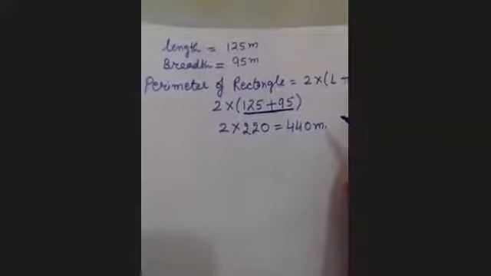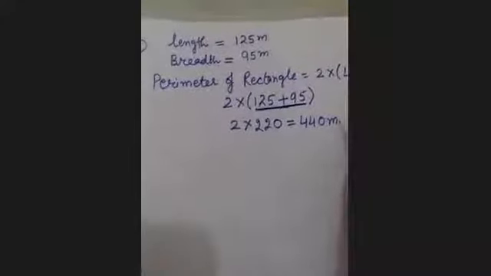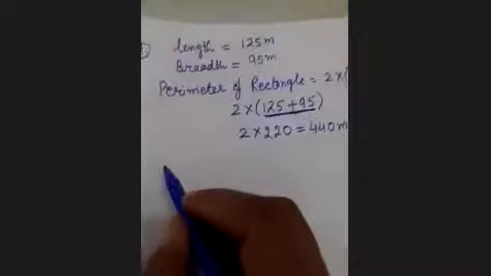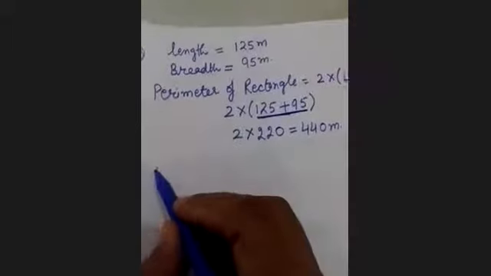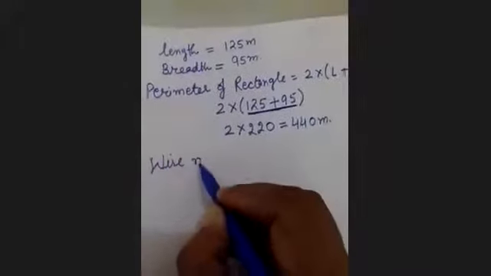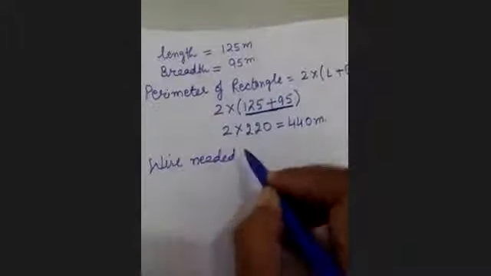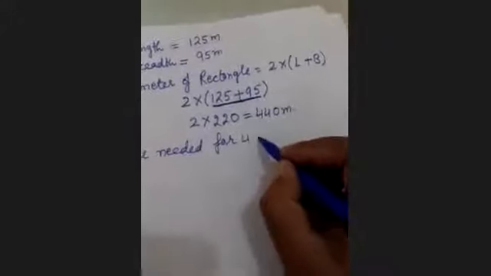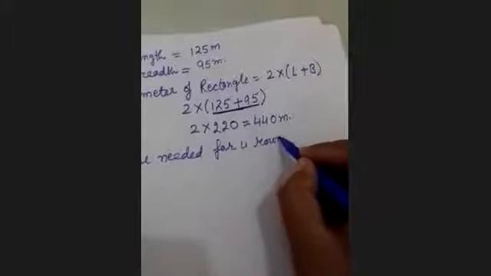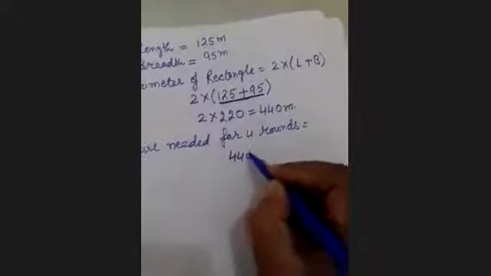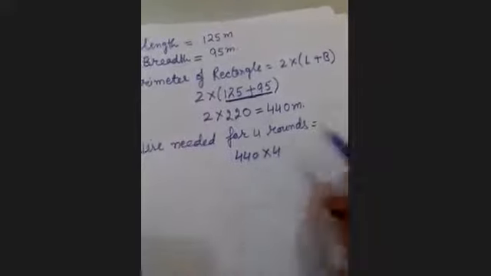Now find wire needed for 4 rounds. Wire for 4 rounds, that is 440 multiplied by 4.